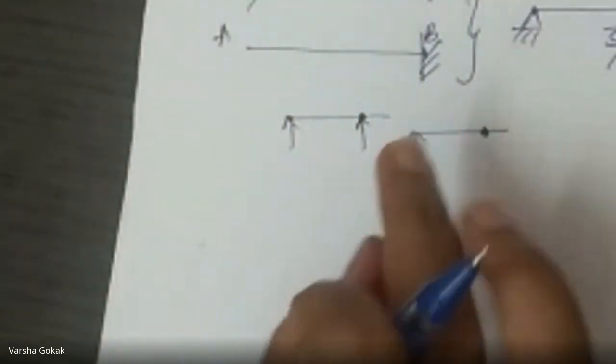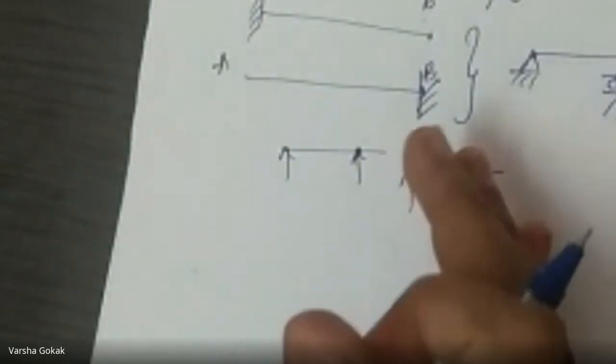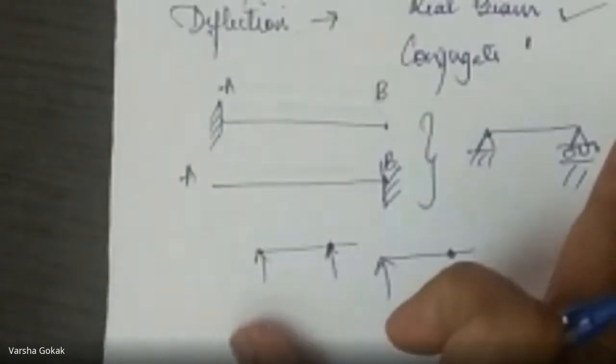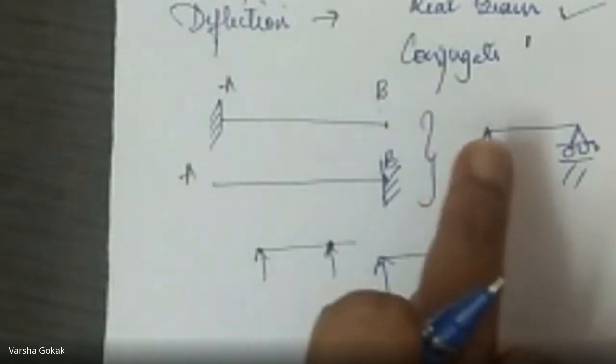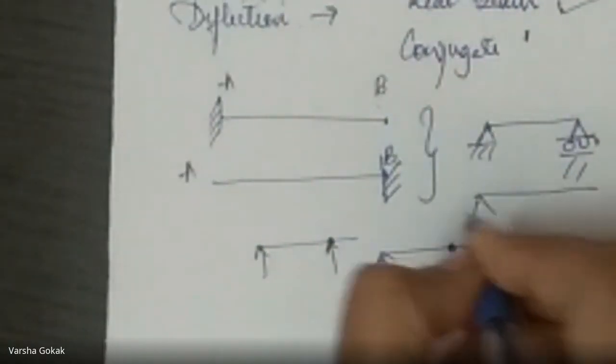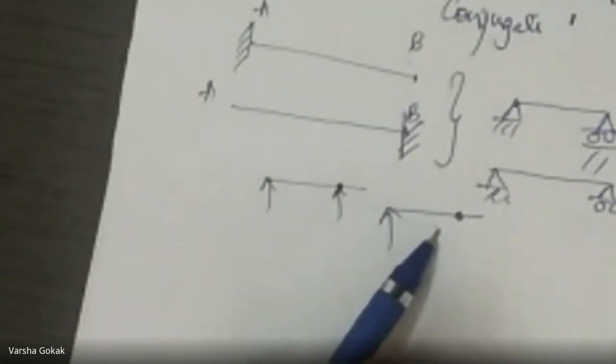These figures show the support conditions of the real beam and the corresponding conjugate beams. With respect to this, this is the conjugate beam; in this case, it will be the same.